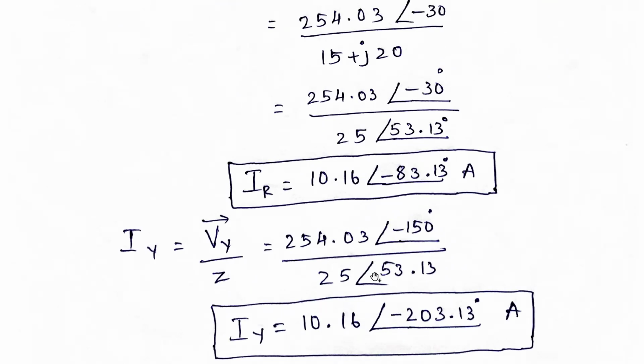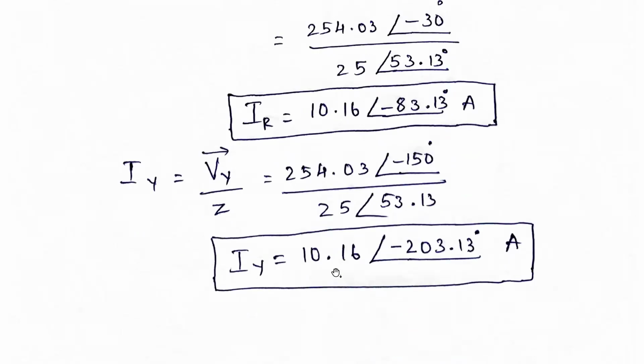Simplifying, we get the same magnitude 10.16, and only the angle will change. In division, the denominator angle is subtracted, so minus 150 minus 53.13 is minus 203.13. So IY is 10.16 at the angle of minus 203.13 amperes.